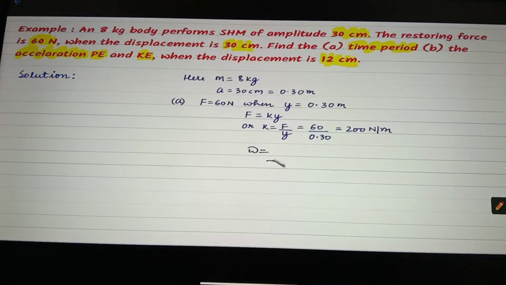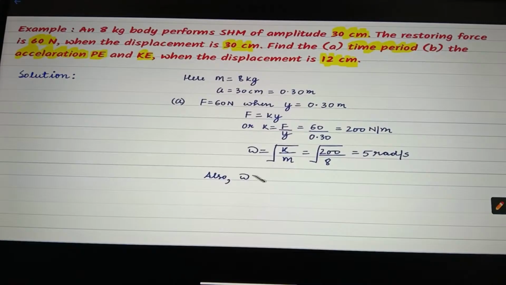So omega we know is given by square root of K by M, is equal to square root of, for K we can write 200 by M, M is 8. So that is equal to 5 radians per second.